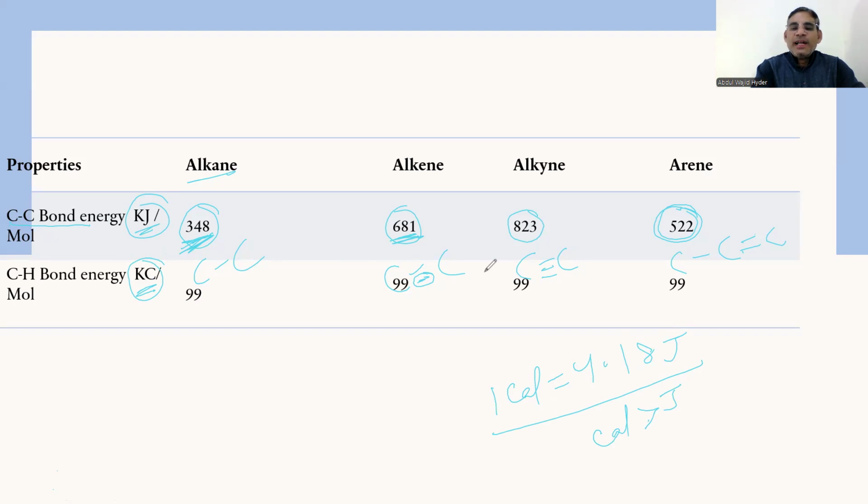Calorie is the biggest, then joule, then erg is the smallest unit of energy. So in this way, you can calculate the different units of energy, which one is smaller, which one is bigger. So here in alkanes, alkenes, alkynes, and arenes, in all the cases, CH bond energy is same, that is 99 kilocalorie per mole.